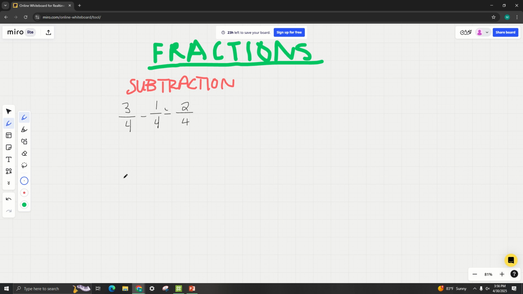So let's go ahead and do an example now with unlike denominators. Let's do 7/8, and let's subtract 2/3. So again, let's just go ahead and use my method of multiplying by the opposite denominator in order to get that common denominator.